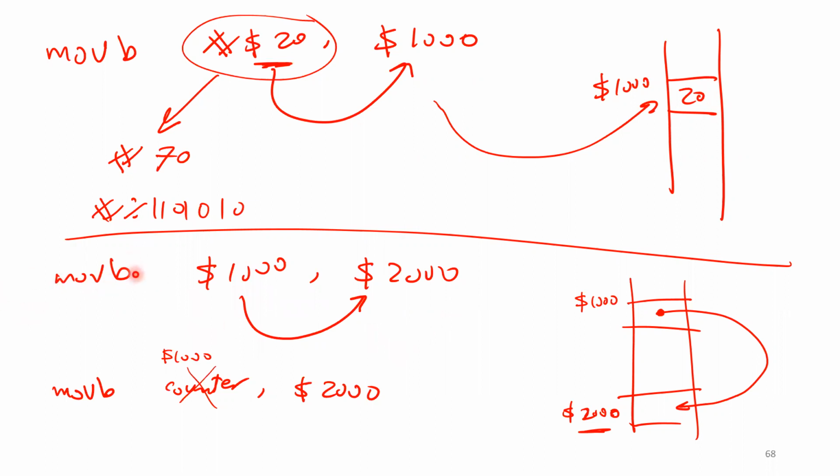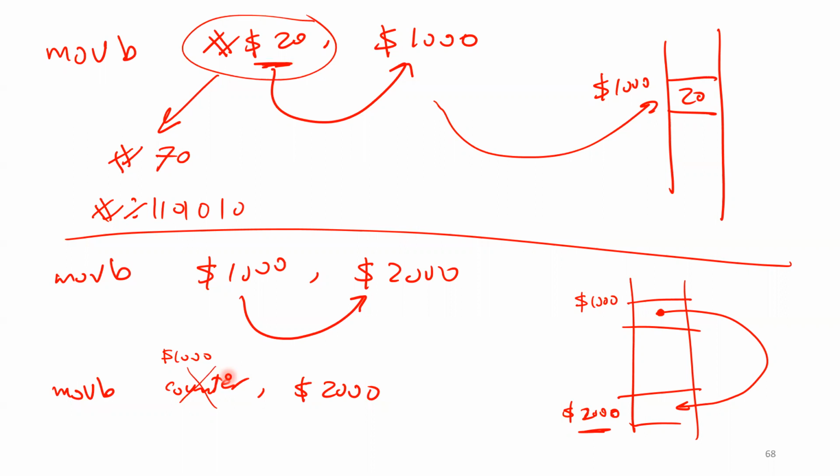When I say move byte 1000, 2000, what this is doing is copying a byte from location 1000 to location 2000, from a byte here to a byte here. By the way, I can use a variable here. For example, I can say move counter. Counter is a variable that I already defined. For example, you have org 1000, and then counter dc.b 7.